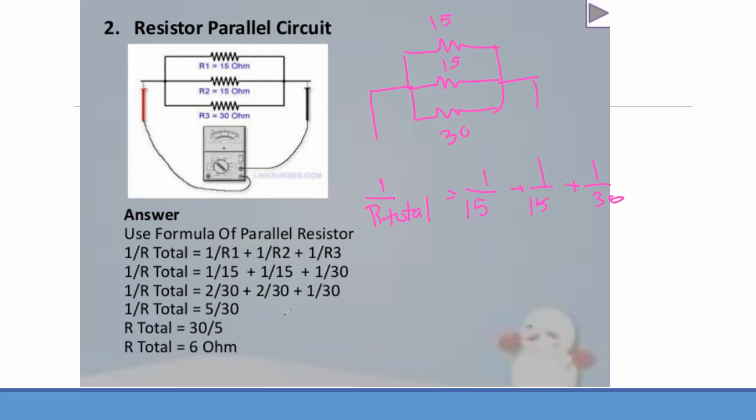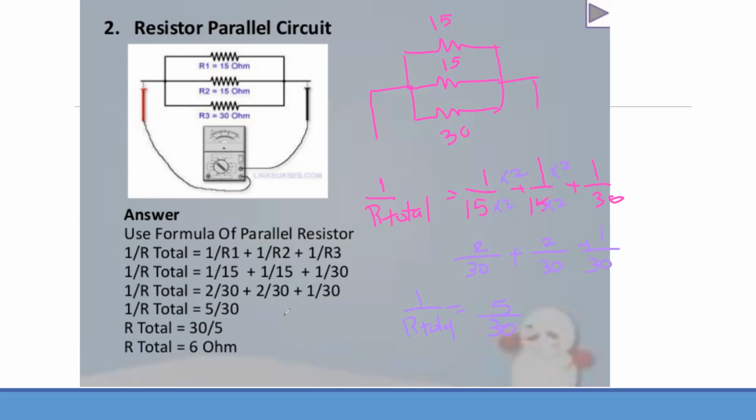Then make them have the same denominator. So 2 over 30 plus 2 over 30 plus 1 over 30 is 5 over 30. This is what? 1 over R total. So 1 over R total is 5 over 30.